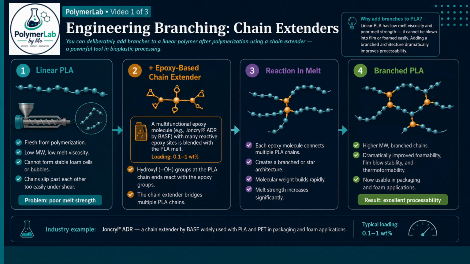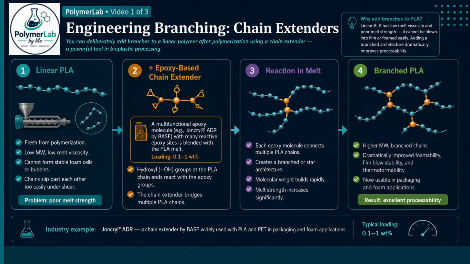PLA is a linear, bio-based polymer with excellent clarity and stiffness, but it has a serious processing problem: very low melt viscosity and poor melt strength. When you try to blow it into a film or foam it, the melt just collapses.